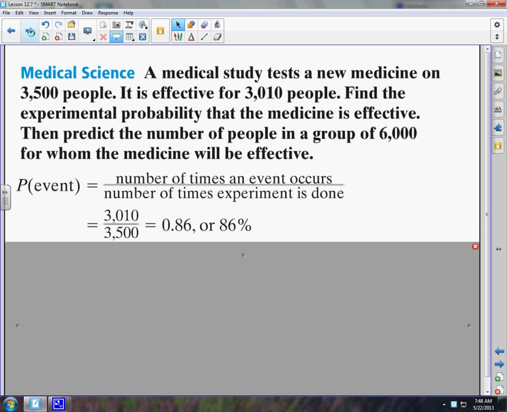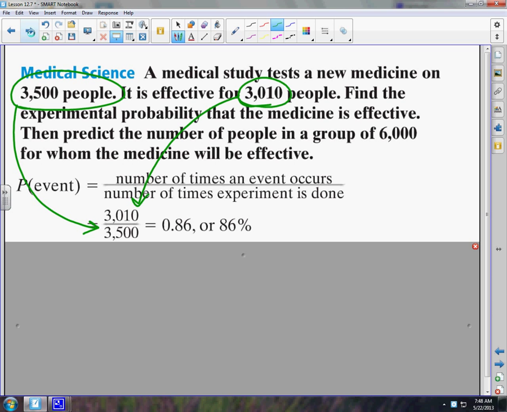So I'm going to start with 3,010 people. That goes on the top. And I'm going to divide it by the total number of people that got the medicine. And then I divide them on my calculator. I get 0.86 or 86%. So this medicine is 86% effective.